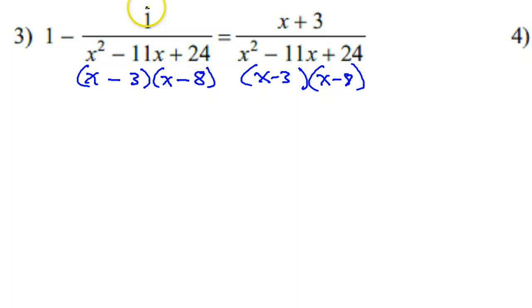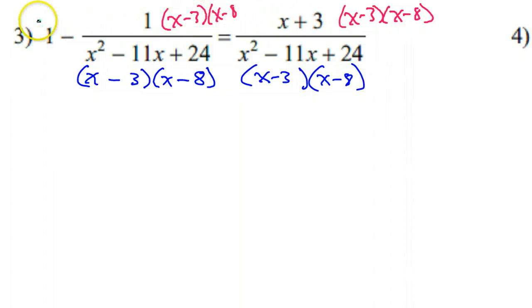Okay, so I'm going to multiply everything by these denominators. So I'm going to multiply everything by x minus 3, x minus 8. Okay, these will cancel out completely, and these will cancel out completely.